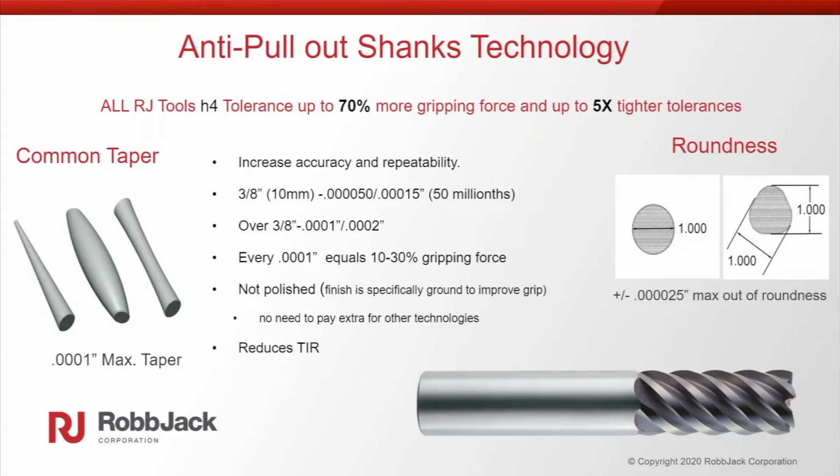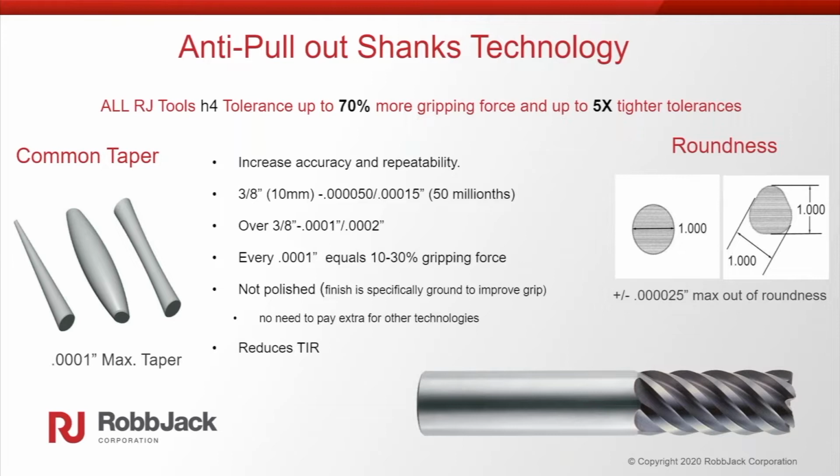The big thing that's the foundation and is often overlooked is that tool holder to shank connection. A lot of people tout H6 tolerance to be very, very tight tolerance work. We hold every tool to H4 tolerance.